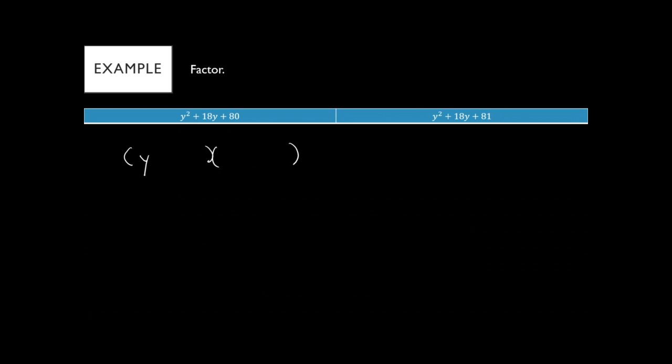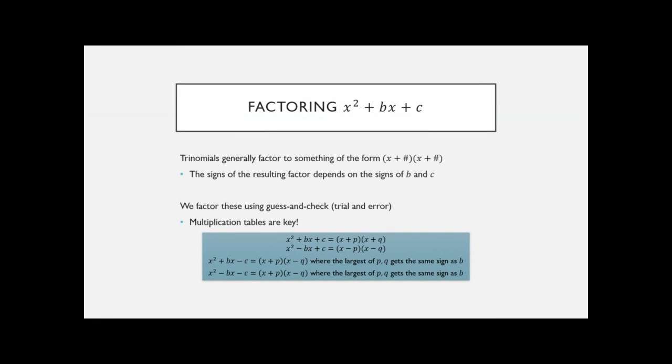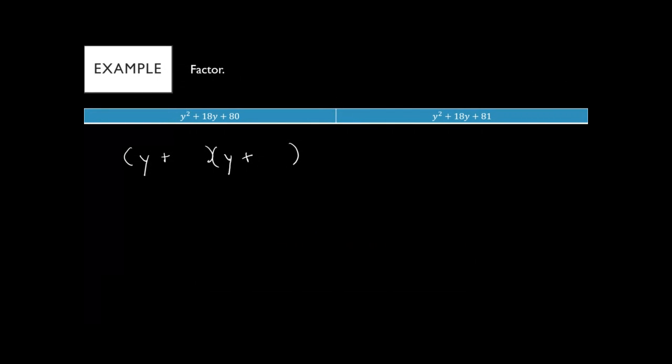In this case, we've got the letter y, so it's going to look like this. Because these are both positive, I know that I'm going to have plus signs here. That comes from the first line in this table, x squared plus bx plus c. So everything's positive.